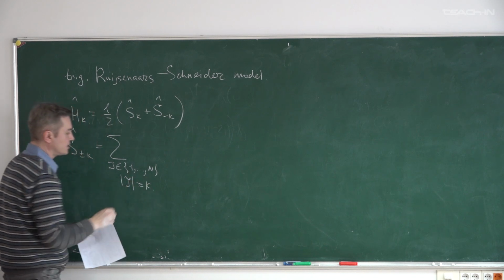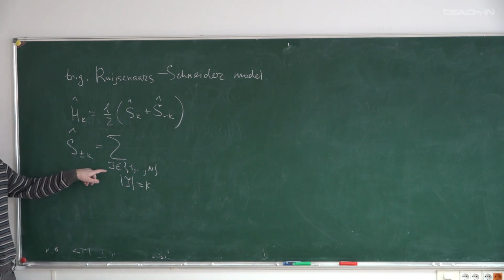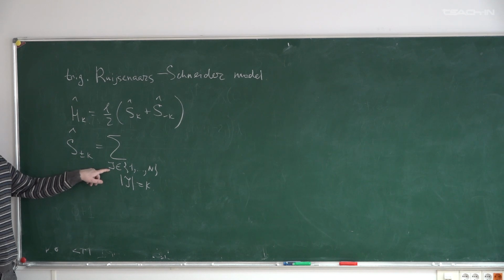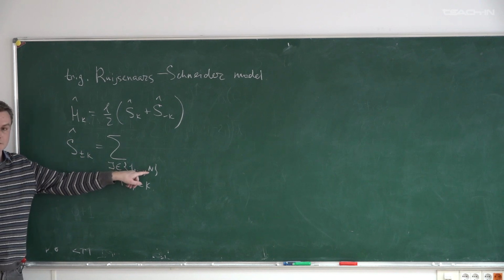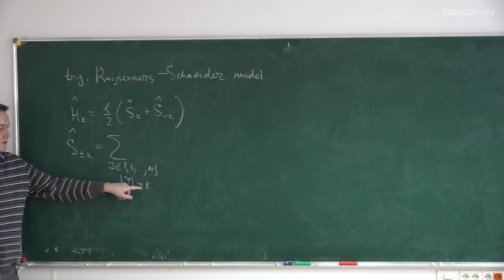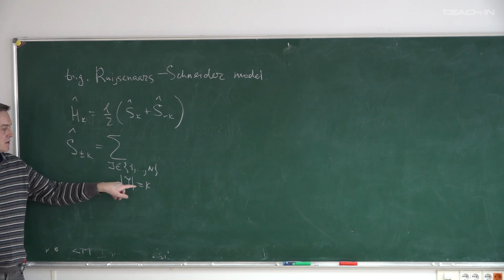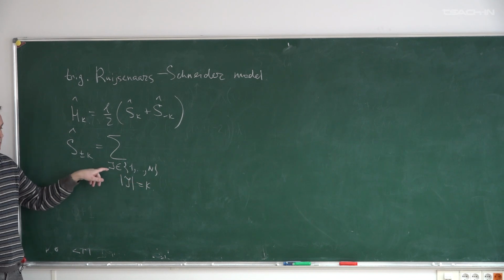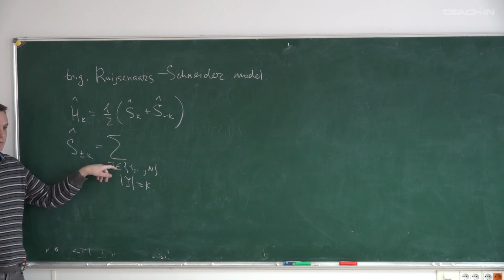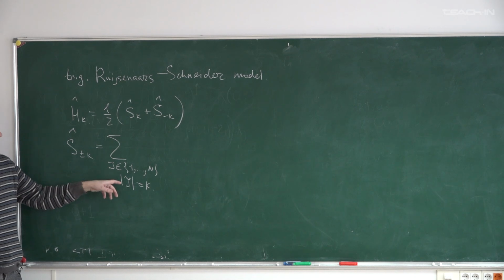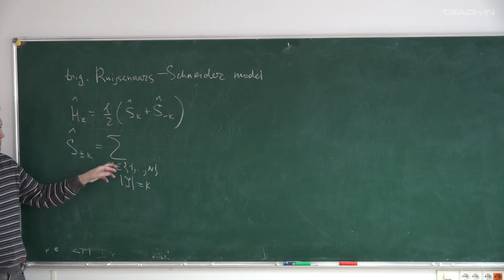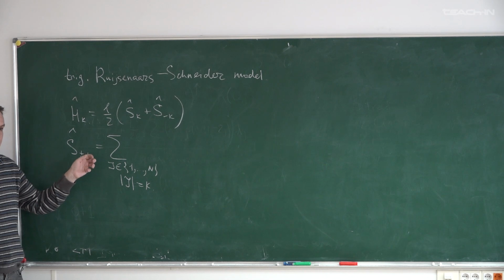This sum goes over all subsets of this set of indices of length k. For example, when the length of the subset is equal to 1, it's just a sum over all possible indices. When k is equal to 2, it is a sum over all pairs of indices, and so on.